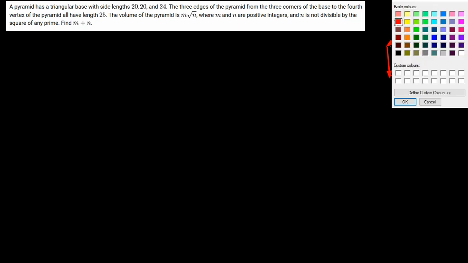Now if we look at the question itself, let the base be triangle ABC with AB equal to 24, and the rest is isosceles anyway.